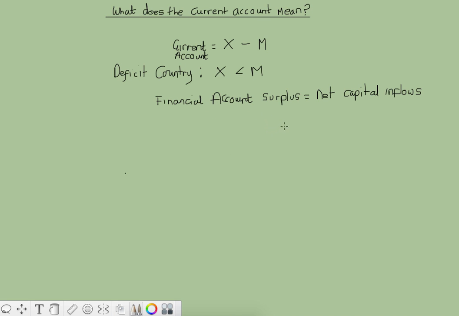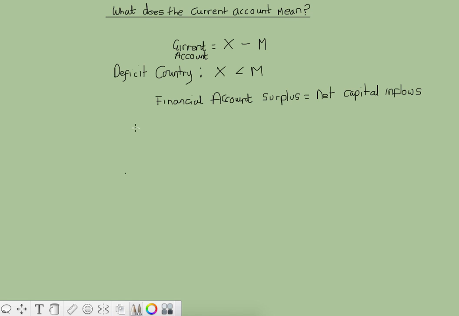For example, we import more goods and services than we export, but we export more shares in companies or more US government bonds to be held by foreigners. So the current account deficit is associated with a financial account surplus and net capital inflows.